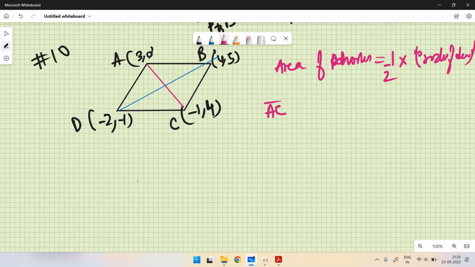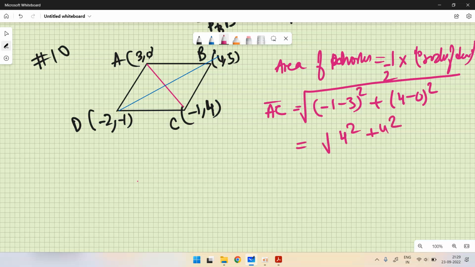If you calculate the length of line segment AC, it is the square root of (minus 1 minus 3) whole square plus (4 minus 0) whole square. The formula I'm using is the square root of (x2 minus x1) whole square plus (y2 minus y1) whole square. This is nothing but 4 square plus 4 square under root, which is 4 root 2. So AC is 4 root 2 units. Alright, write the unit length.